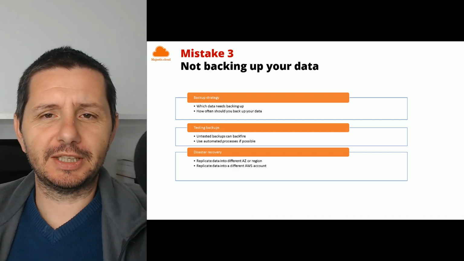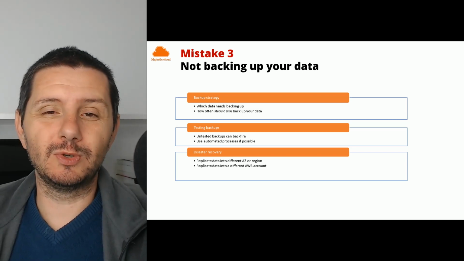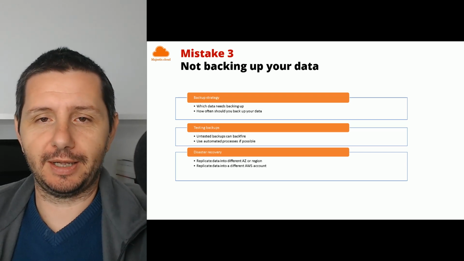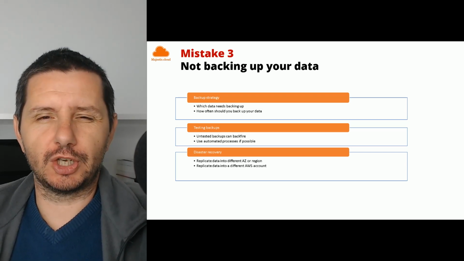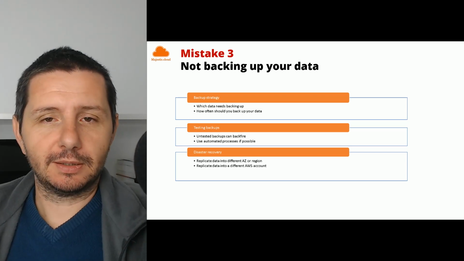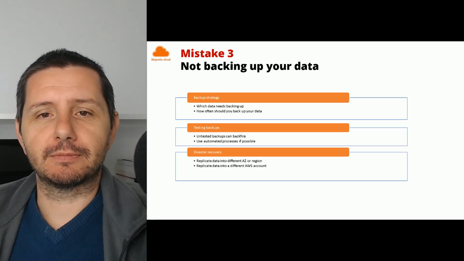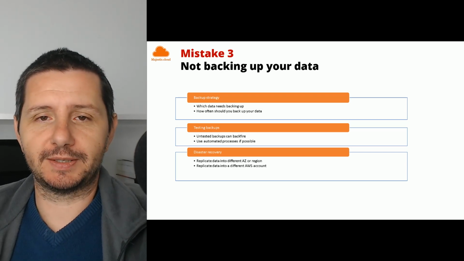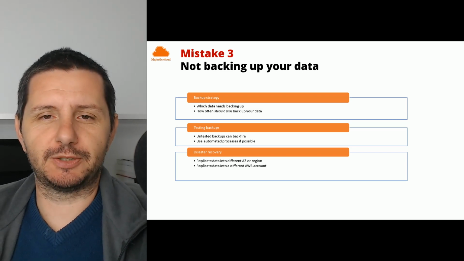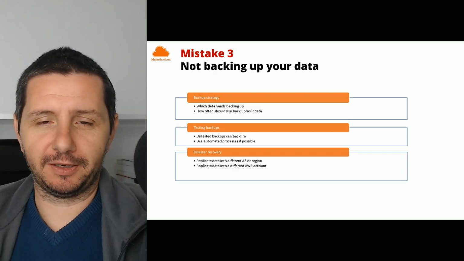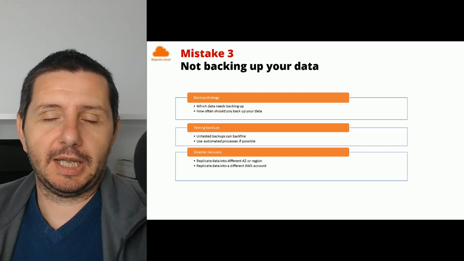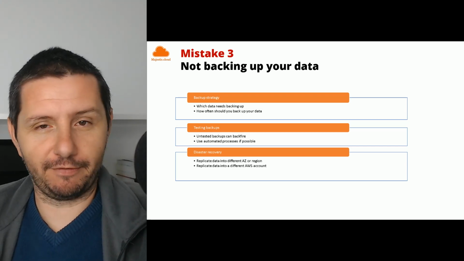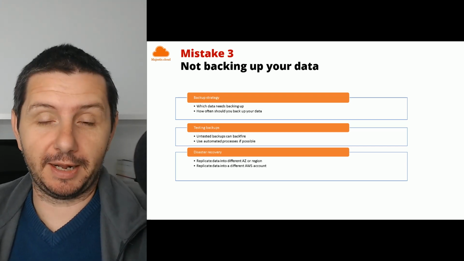But one other thing that you should think about is to use a different AWS account for backing up your data. And this account should be used just for backups. And why is that? That is because if you have a breach, your main AWS account gets breached, and you have your backups there as well, the attacker might be a malicious attacker and delete everything in your account, even the backups.